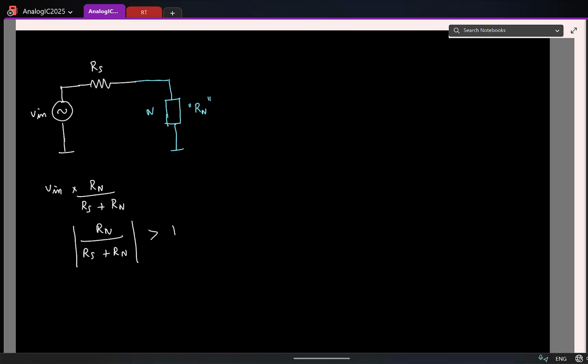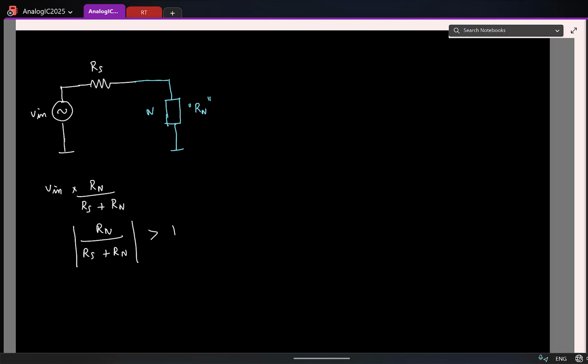If Rn is very large, this approaches 1, right? I want this to be greater than 1. If it's a math function, I have a numerator and a denominator. If it's to be greater than 1, the denominator must be smaller than the numerator. So if this has to be smaller than Rn, how should Rn be? It should be negative.